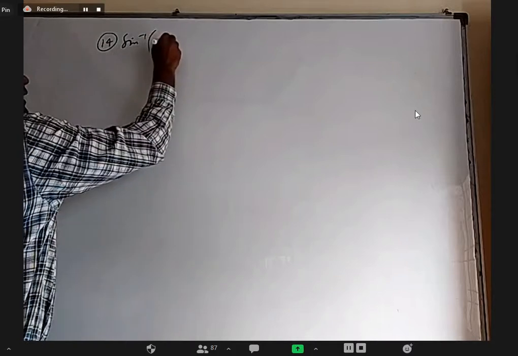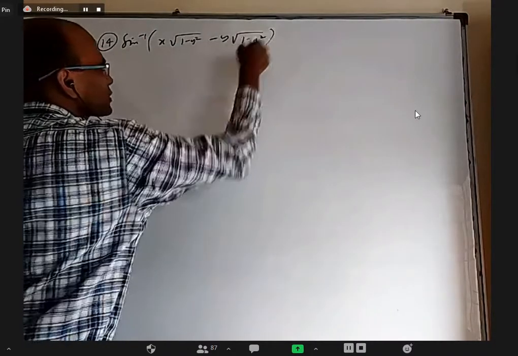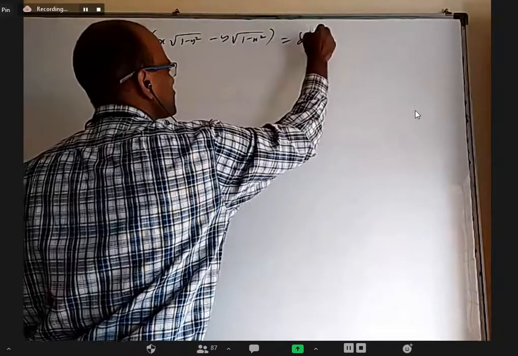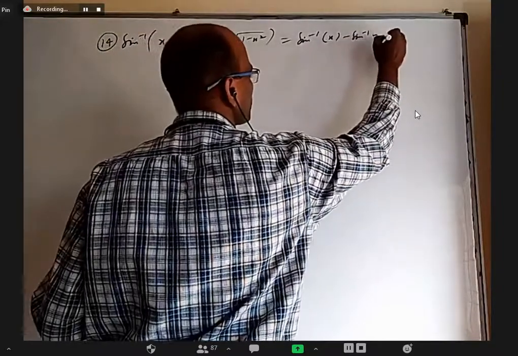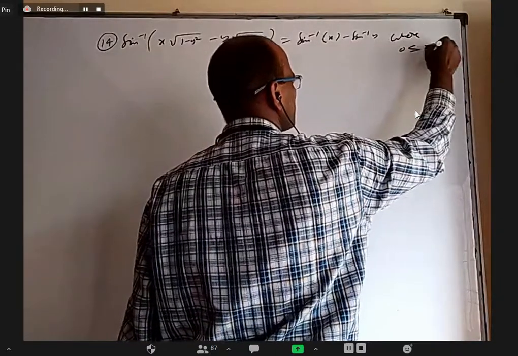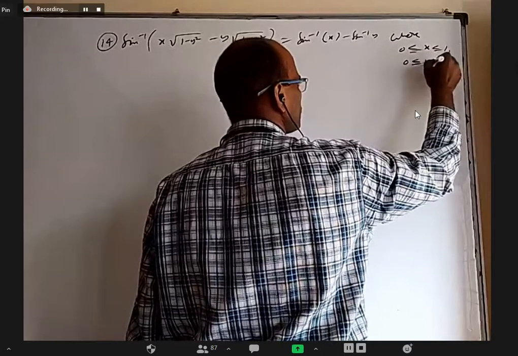Okay. x root 1 minus y square minus y root 1 minus x square is equal to sine inverse x minus sine inverse y, where 0 is less than or equal to x less than or equal to 1, and 0 is less than or equal to y less than or equal to 1.